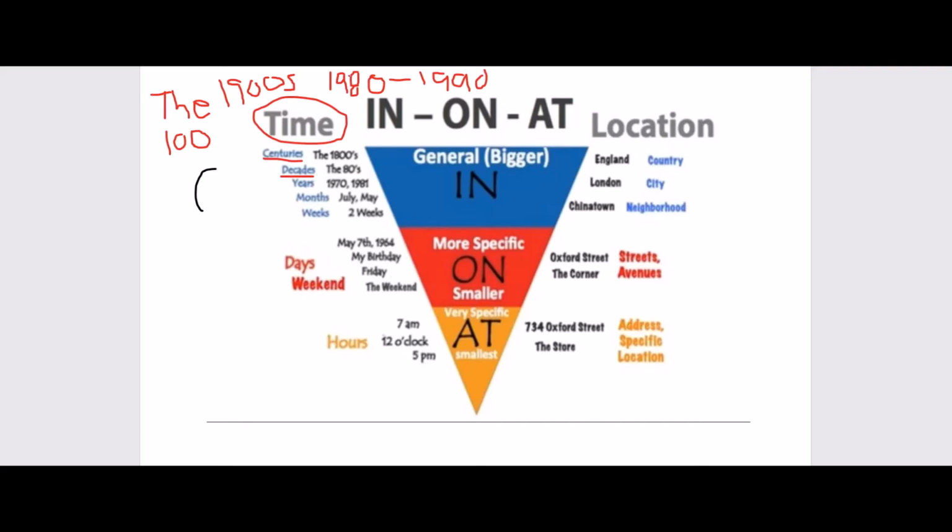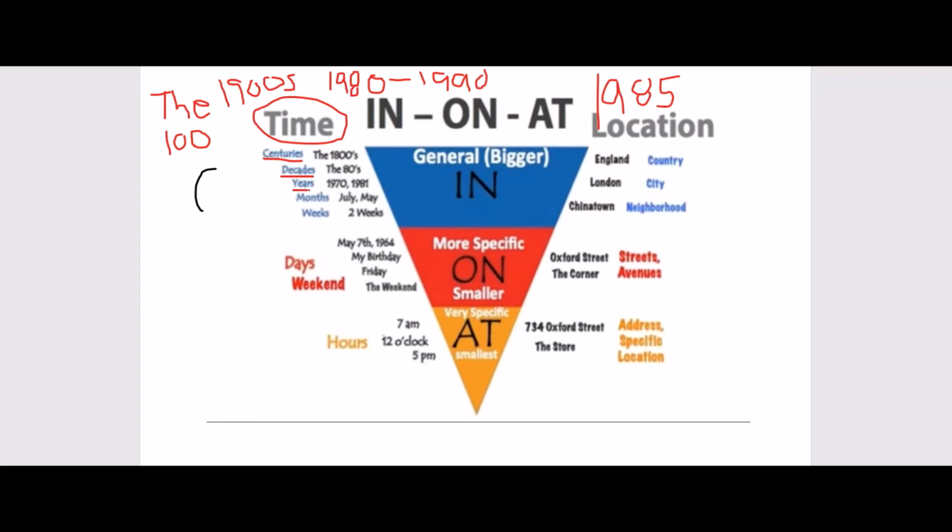In the 90s would be 1990 to the year 2000. And then we do in with years. I was born in 1985. That's the year that I was born.